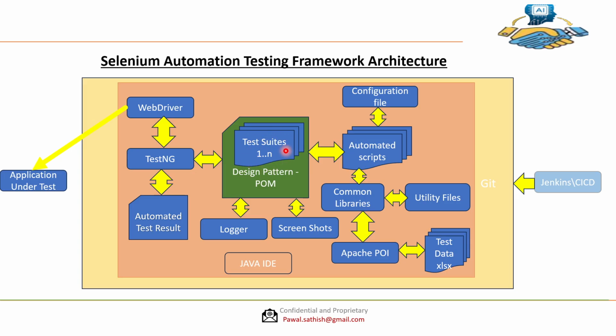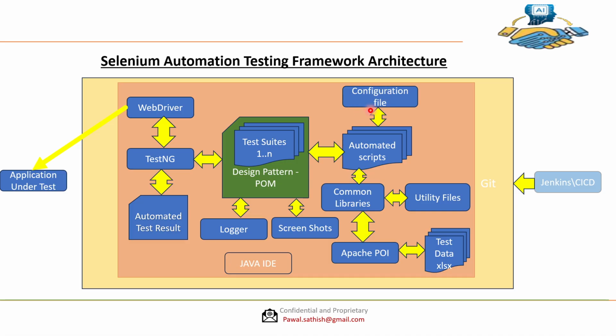We are using the Page Object Model design pattern. We have smoke suites, sanity suites, and regression suites. In the smoke suites we have different test cases, which we segregate module-wise, module 1, module 2, module 3, as part of the test suites.